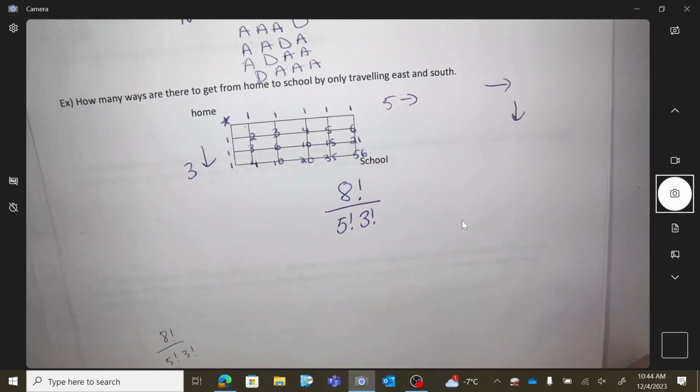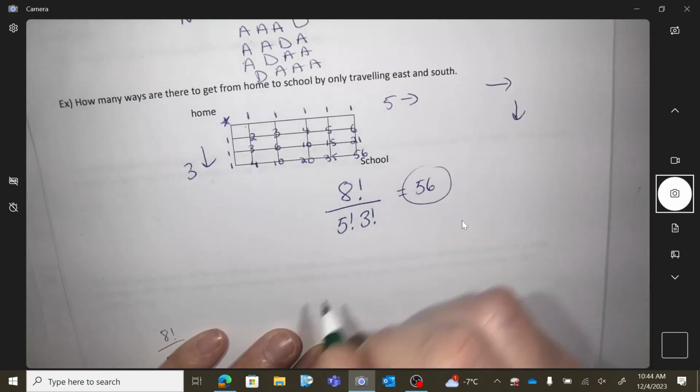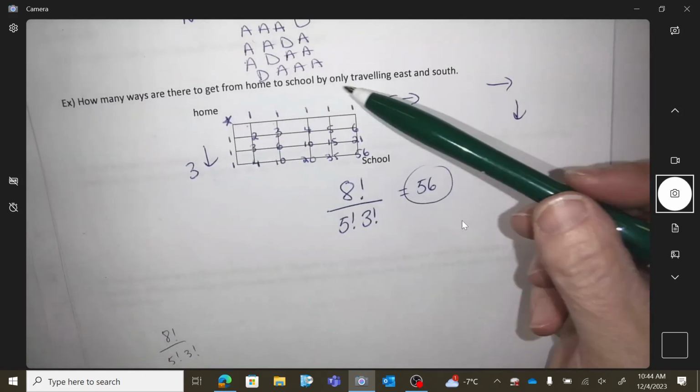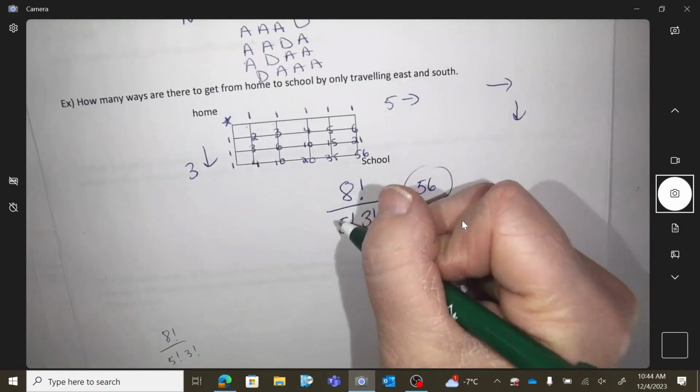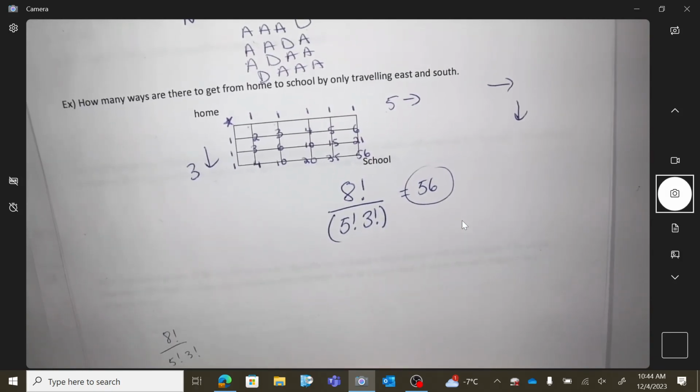So if you type that in, it'll make 56. But most people just prefer the method on the chart. FYI, that would need to be in brackets if you're typing that in, right? So that would be another kind of thing to watch out for.